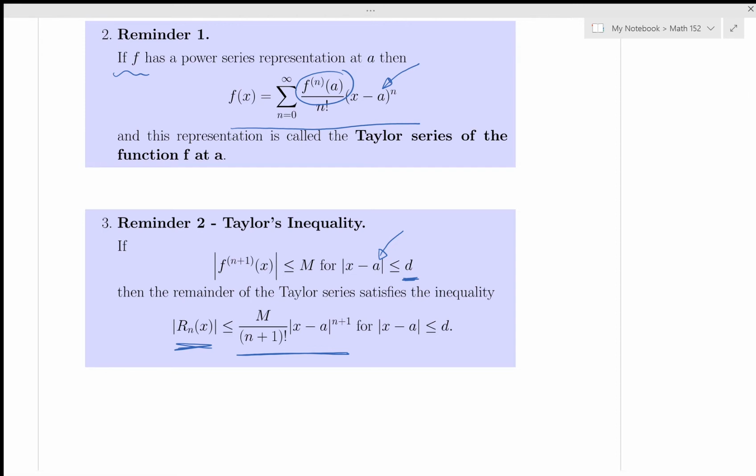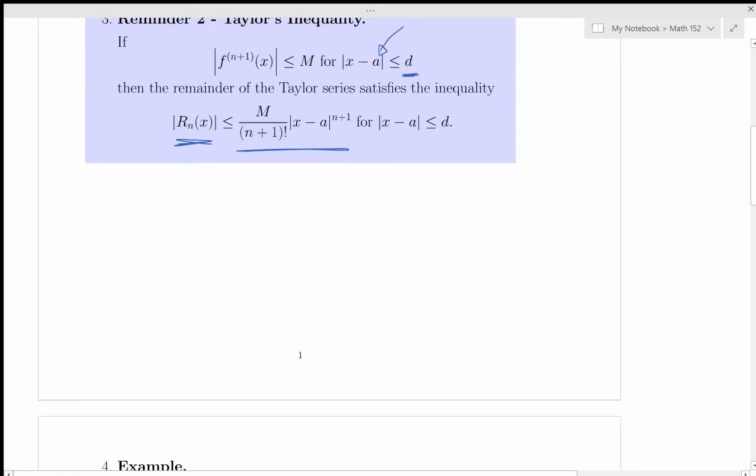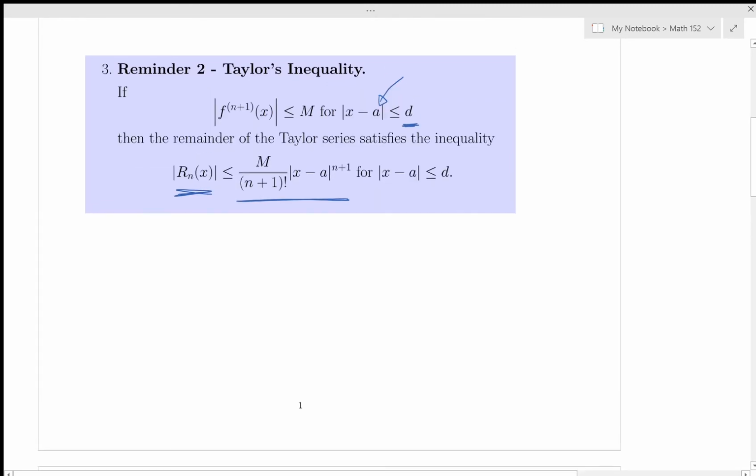Okay, I want to just say a few things here before we go to our first example. I just want to talk about the idea of where we center them. So, for example, if we have the function f of x equals e to the x, and we center it at a equals 0. Let's just draw a little graph of e to the x.